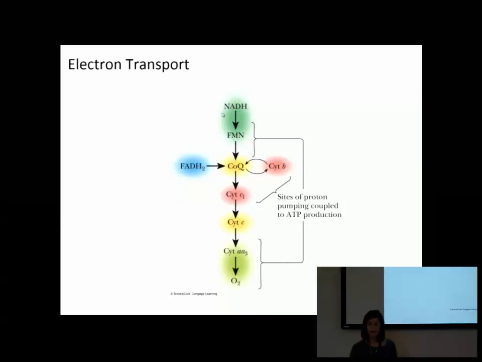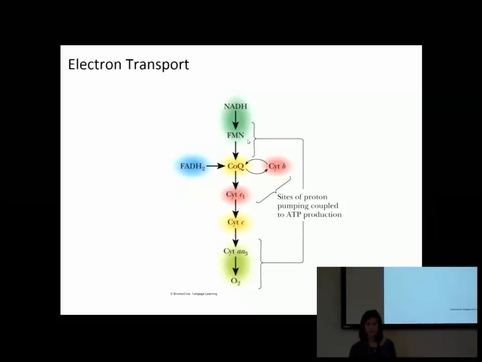There's a lot going on here. Some of it we know, some of it we don't, where we're going to be passing the electrons along and then passing those electrons to something called coenzyme Q. There's a couple names for this we'll go over. This coenzyme Q accepts the electrons from complex 1 and complex 2 and then carries it to complex 3.